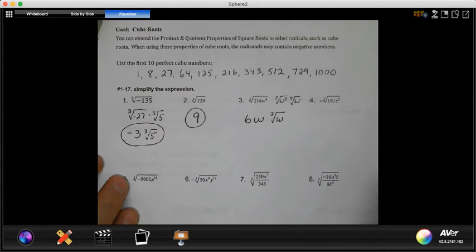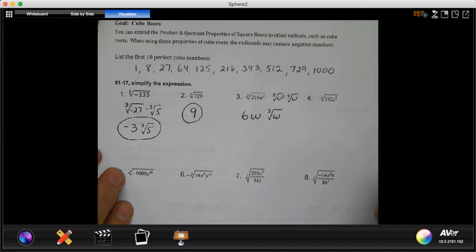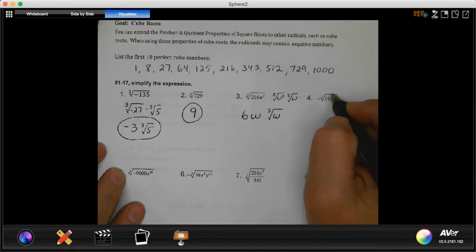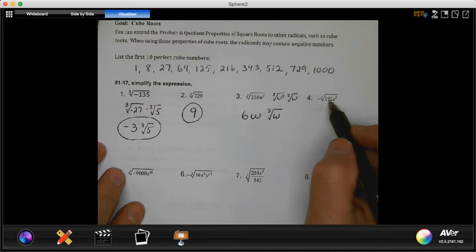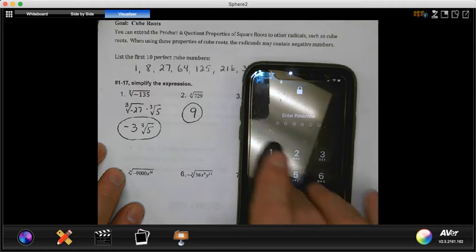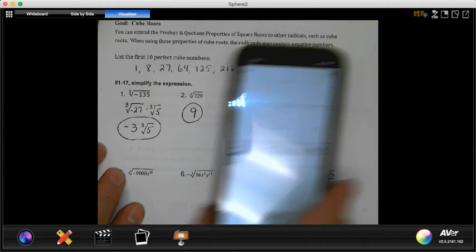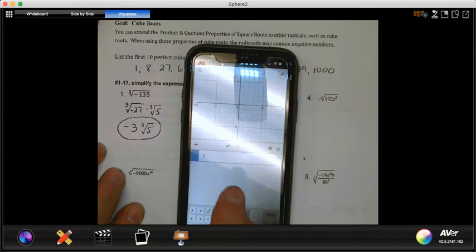Okay? All right. Number 4, I've got a negative out in front and cube root 192z to the 5th. So I don't know. I think maybe 64 might go into it. So I'm looking for 192 divided by 64.